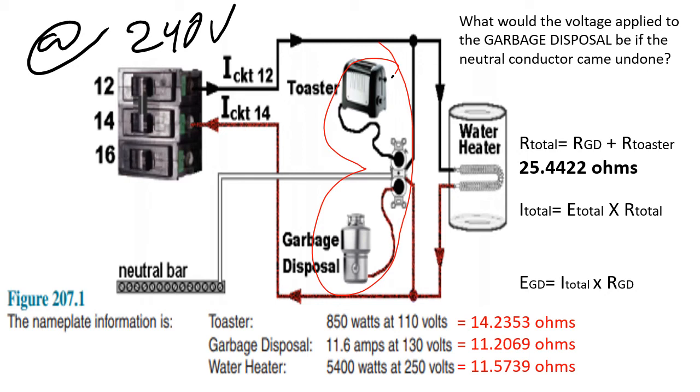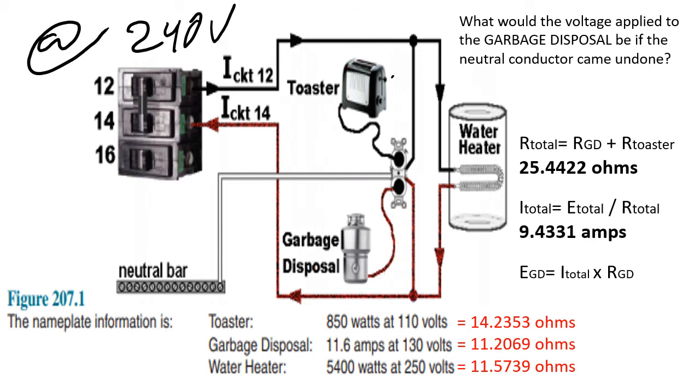In order to do that, I need to take the E total, which is 240 volts, and divide that by the R total, which we already determined is 25.4422 ohms. 240 divided by 25.4422, and you'll end up with 9.4331 amps.